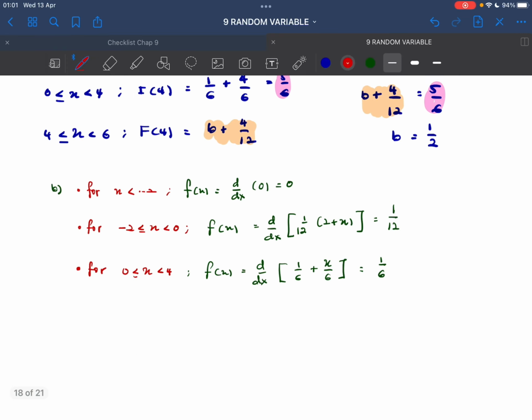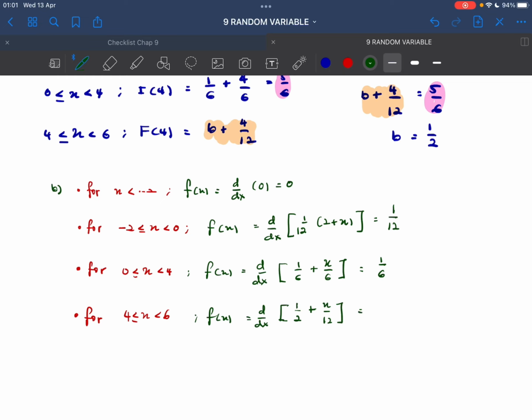The function is 1 over 2 plus x over 12. So for x between 4 and 6, f(x) equals d over dx of 1 over 2 plus x over 12.